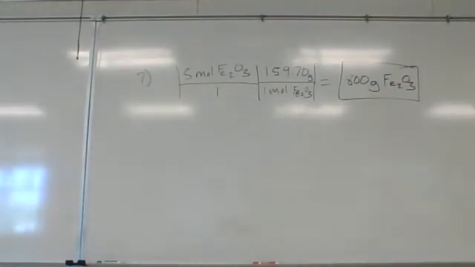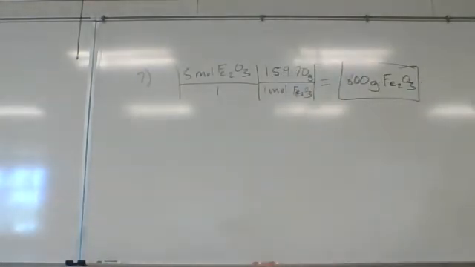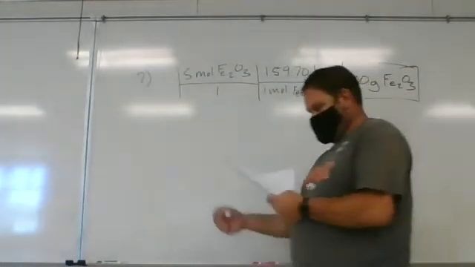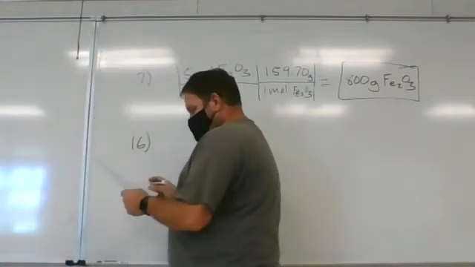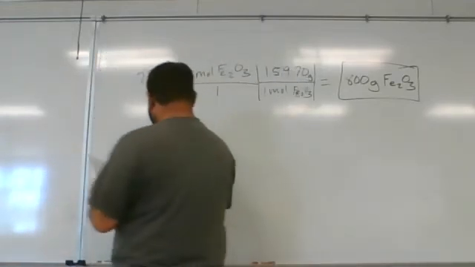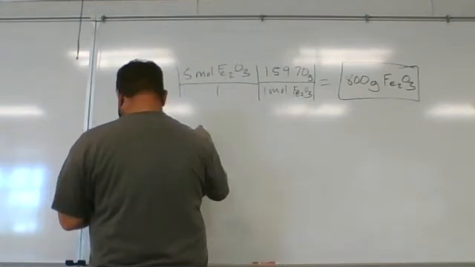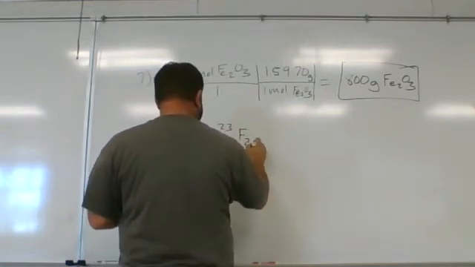Number 16. Okay, number 16, coming right up. We're trying to find the mass of 200 times 10 to the 23rd molecules of F2.